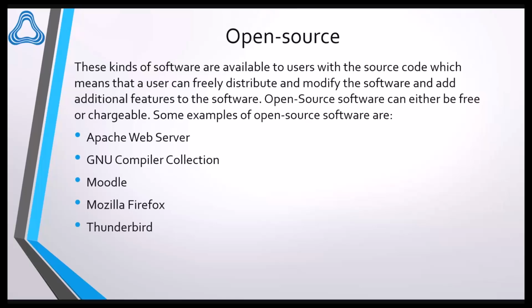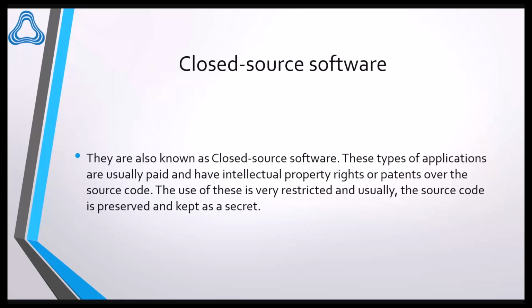The next one is closed source software. These types of applications are usually paid and have intellectual property rights or patents over the source code. The use of this is very restricted, and usually the source code is preserved and kept as a secret.